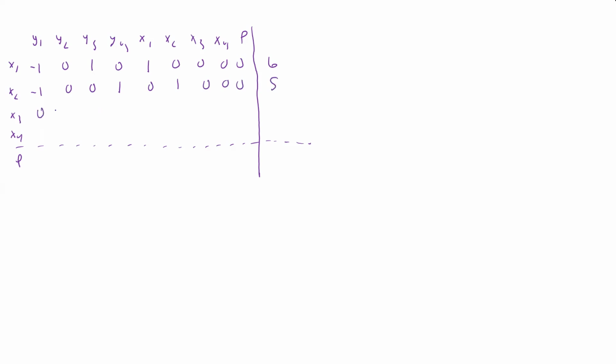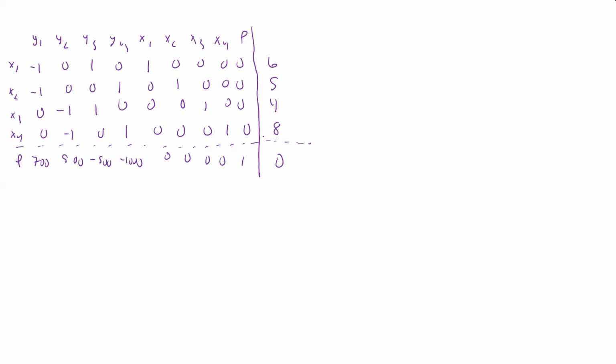Then we had a 0, -1, 1, then 0, 0, then 1, then 0, 0, and then a 4. And then a 0, -1, 0, 1, 0, 0, 0, then 1, and 0. Then we had 8. Now we had our pluses, so plus 700, plus 900, minus 500, minus 1000, and then 0, 0, 0, 0, 1, and then a 0.